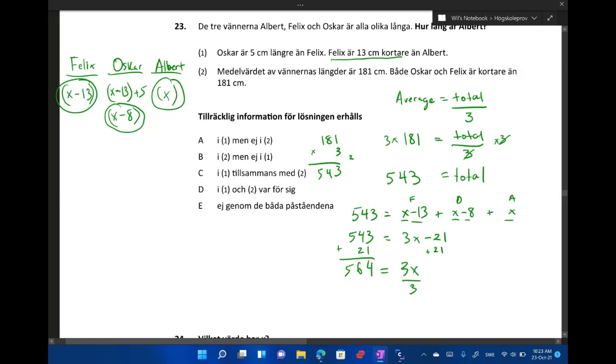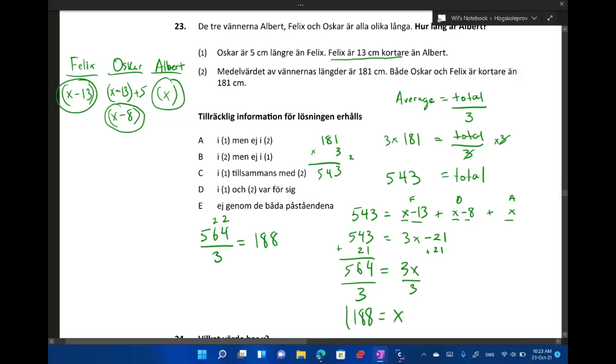If we divide both sides by 3, 564 divided by 3. 3 goes into 5 once, 2 remaining. 3 goes into 26 8 times. 8 times 3 is 24, so 2 remaining. 3 goes into 24 8 times. So 564 divided by 3 will give us 188.